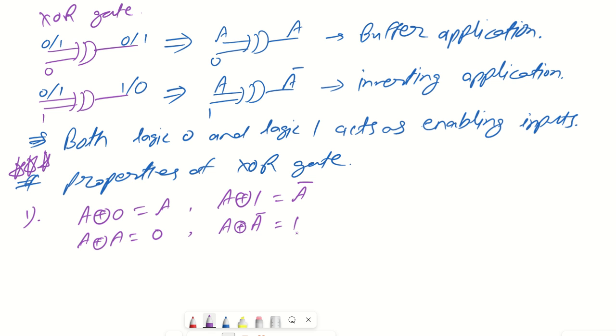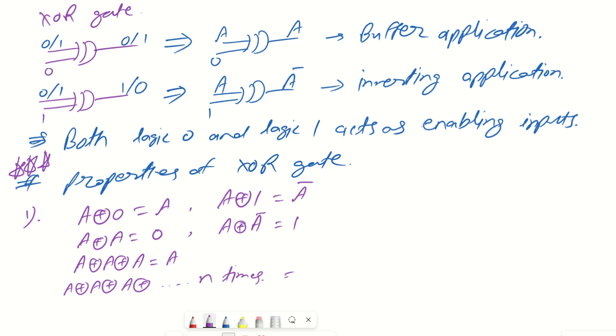Now if we have 3 A's, let's say A XOR A XOR A, whether it is 0, then it will be 0, whether it is 1, then it will be 1. So if triple A's are there, it is going to give you A. It means I can write A XOR A XOR A and so on, n times.